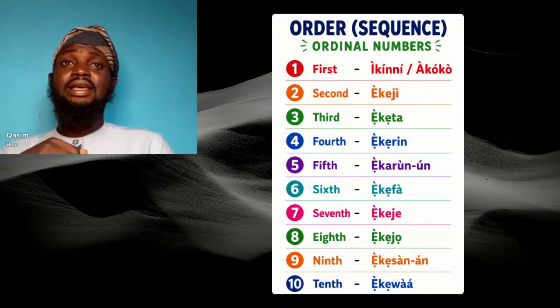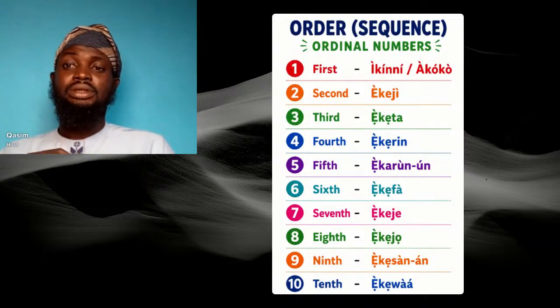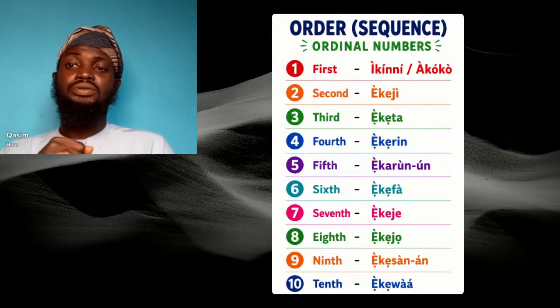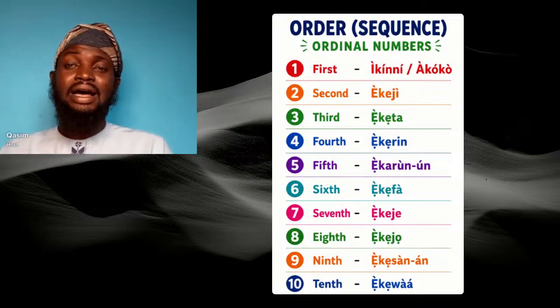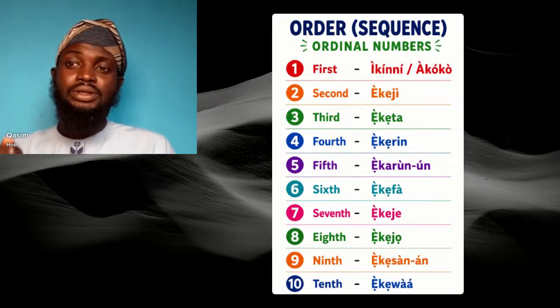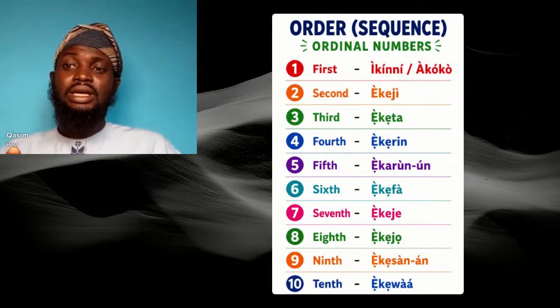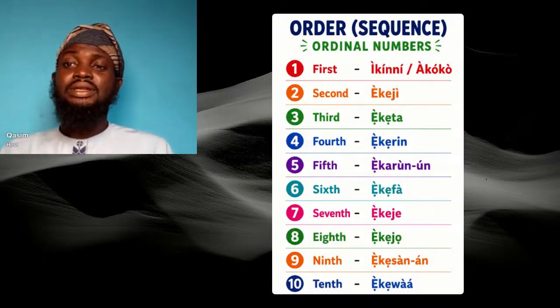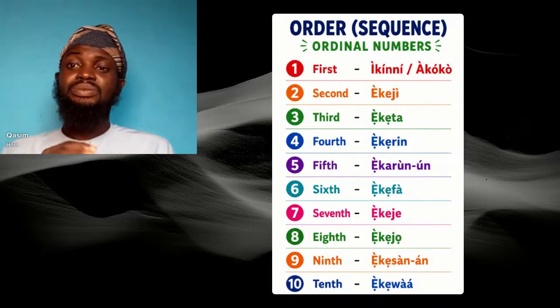Second is èkejì. Don't forget the cardinal name, the actual name for two in Yoruba is èjì. But when we are talking about sequence or order, we say second is èkejì.